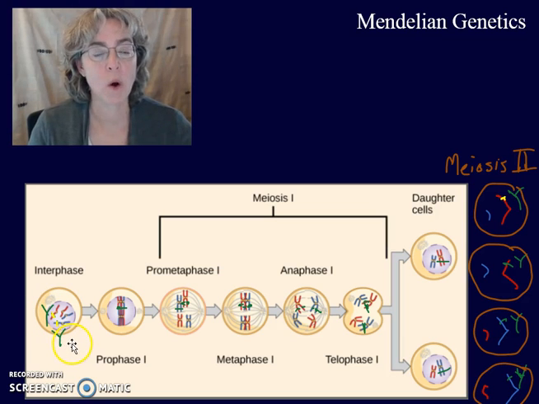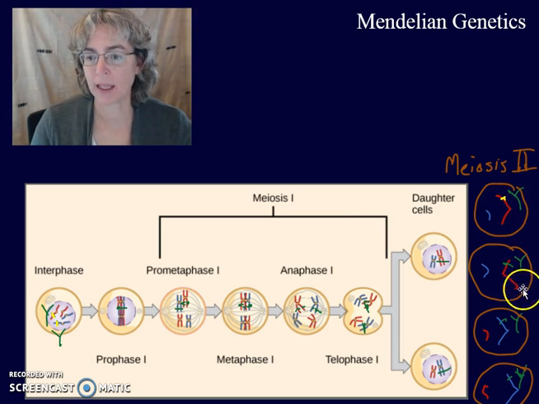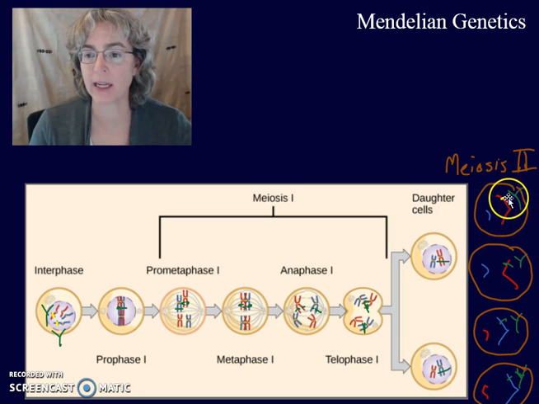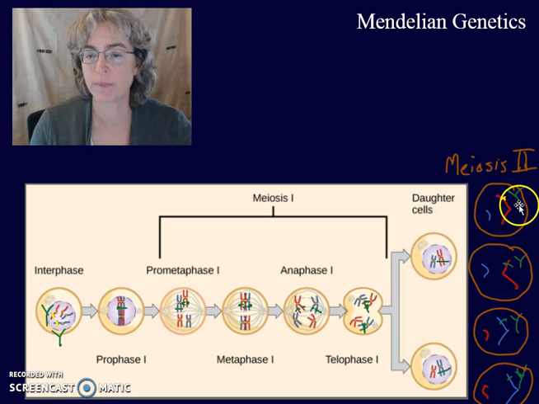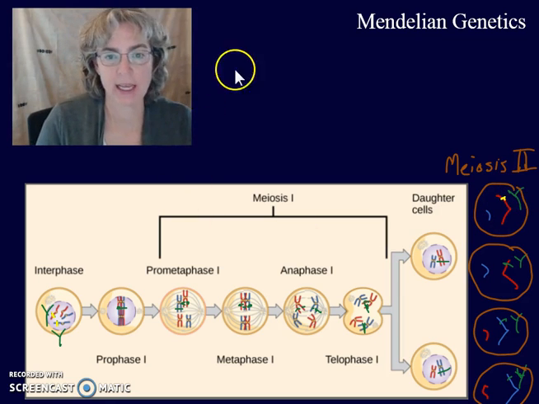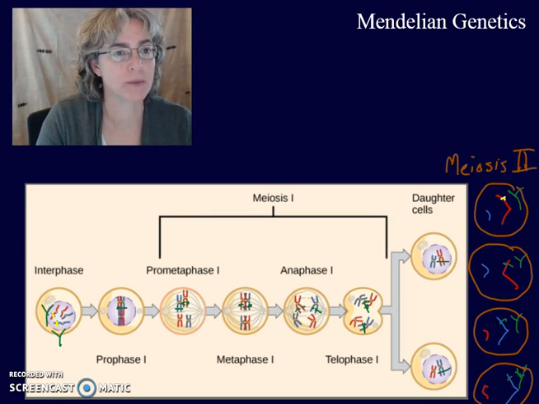It's homozygous dominant. And we know that we can only get big Y alleles in the gametes. We can only get an allele that codes for the yellow seed coat. So that is a law called the law of segregation.